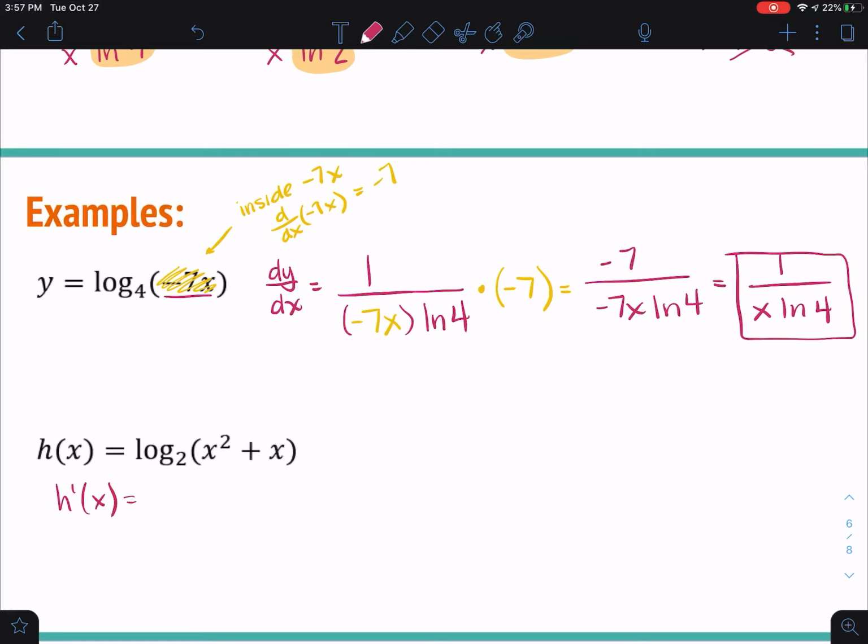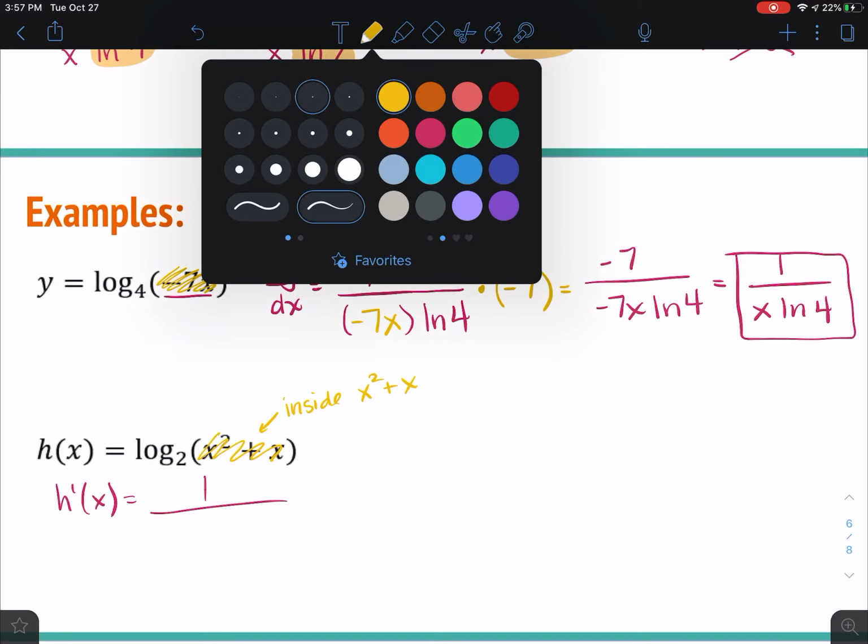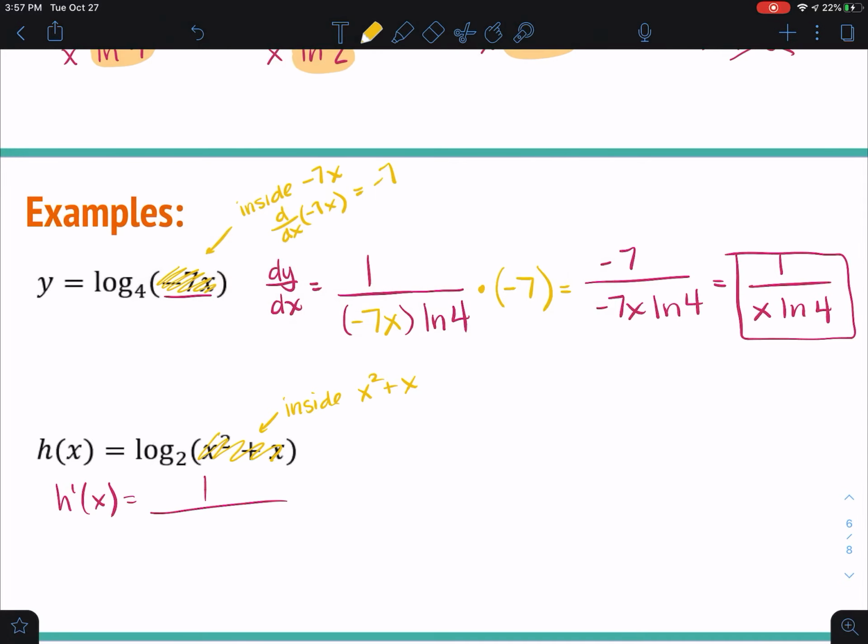All right, next one. 1 over the inside. So my inside function again is this thing. So 1 over the inside, which is going to be x squared plus x. And then I have to multiply by the natural log of the base. Okay. And that's our log derivative. Now, because I had a chain rule problem here, I just need to multiply by the derivative of x squared plus x.